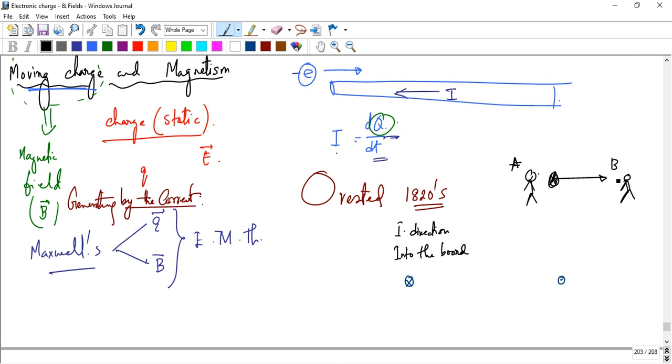Or for person C, there is a dot, the tip point of that arrow. When I see a dot with respect to me, it means the current I leaves the board and comes towards me.